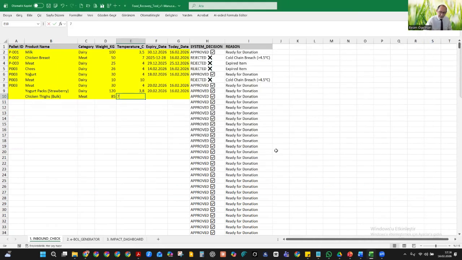Whoops. 7.2. Look here, the column of I. It's ready for donation, but oops, cold chain breach. It's automatically rejected, as you see.